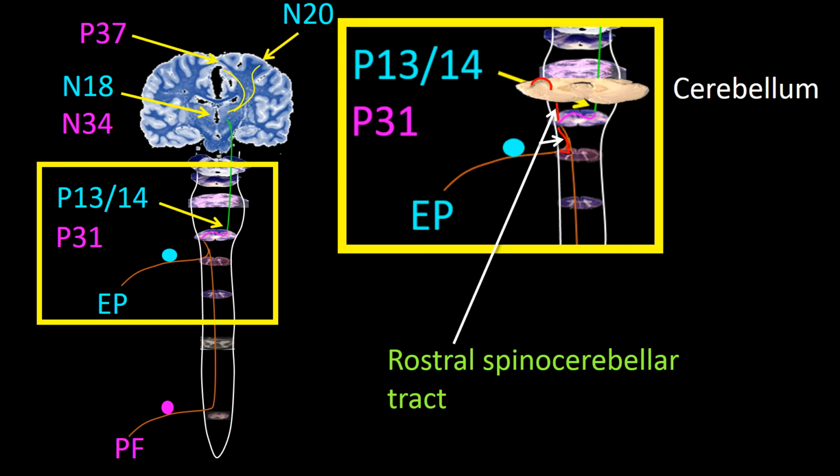It travels ipsilaterally in the cervical spine to reach the cerebellum without making any connections in the brainstem. Thus, although not contributing to P13-14, the rostral spinocerebellar tract may contribute as a conduit for the electrical traveling volley to a cervical potential.